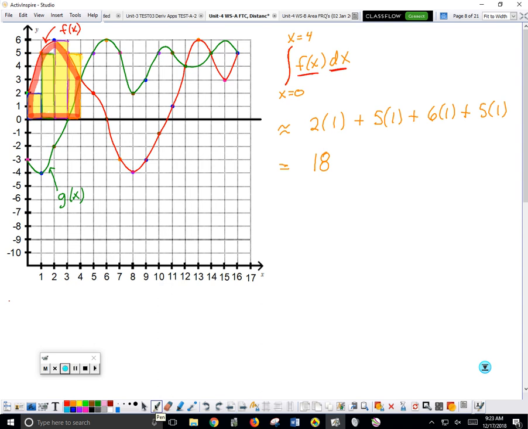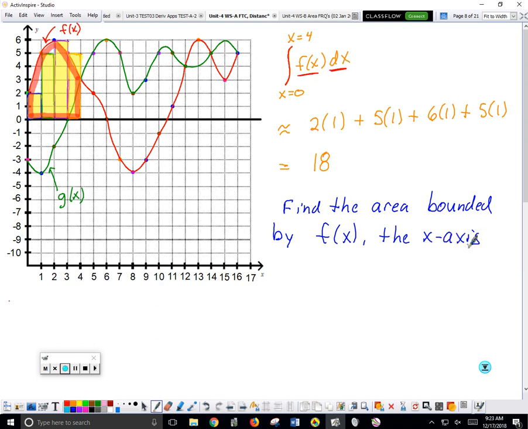They probably would have said, find the area bounded by f of x, the x-axis, and y equals 0 and y equals 4. So that's the wording they would have used in the instructions for the problem, or some wording similar.